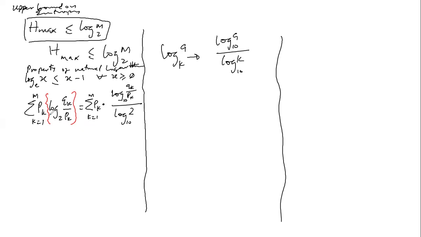Yes, continue, sir. And now I want to do a little scaling here. Now that we have done this, I want to do a little scaling. But before I do the scaling, let us expand this. So this is the same now as sigma taking on values from k equals 1 to m, p sub k, times 1 over log 2 base 10, times log qk over pk base 10 divided by 1.